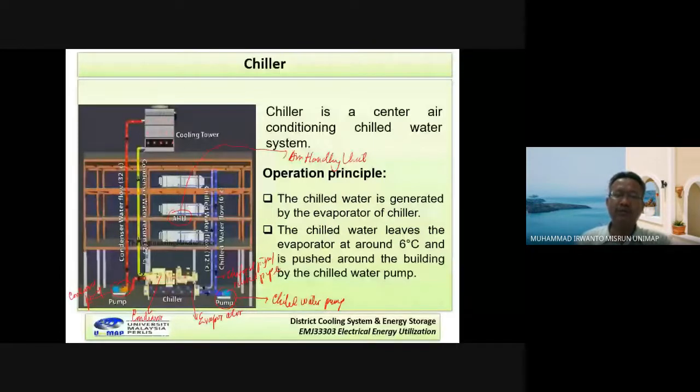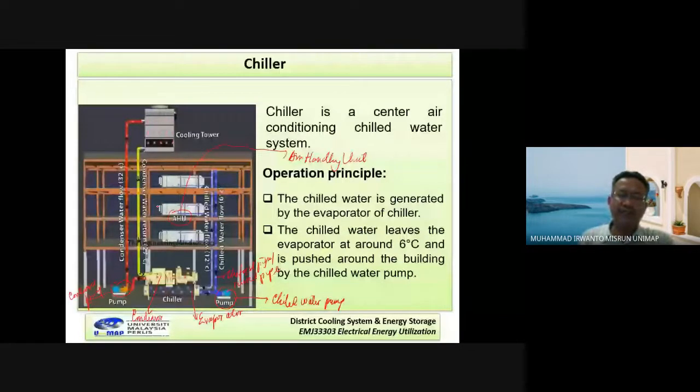Because when this chilled water enters the AHU, at the same time it absorbs the heat from the air in this room. So the room will be cooled, and the blower blows the chilled air into this room.